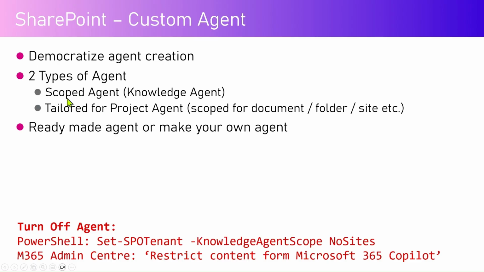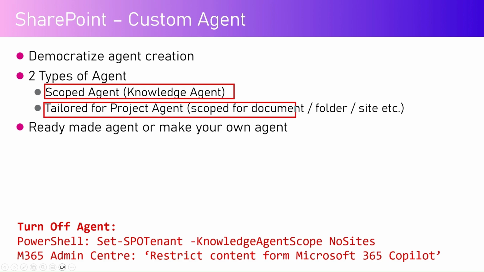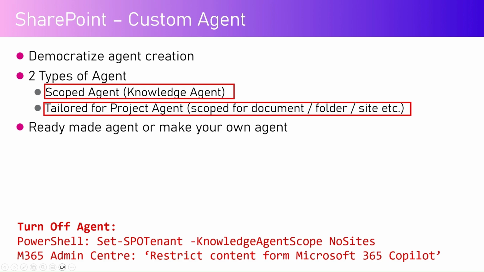So the knowledge agent, which we are currently talking about, is an agent that is scoped to a specific site. But we can have a different agent, like we can create a custom SharePoint agent, which is tailored for a specific project. It can be scoped to a document or a folder or for an entire site itself. So you have an option to either use the ready-made agent or make your own agent, or you can use both in combination.